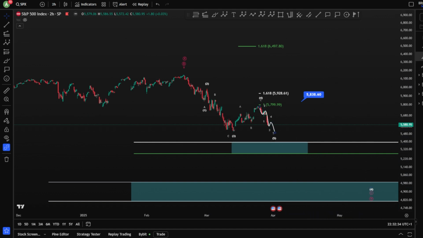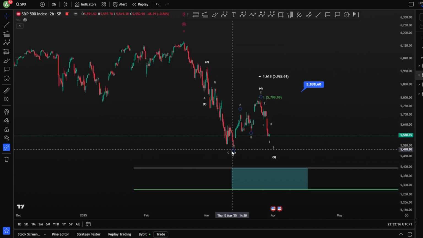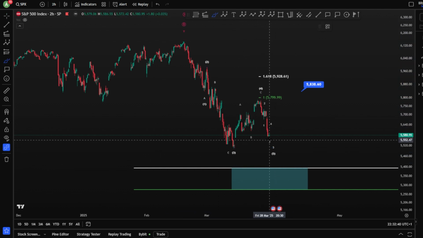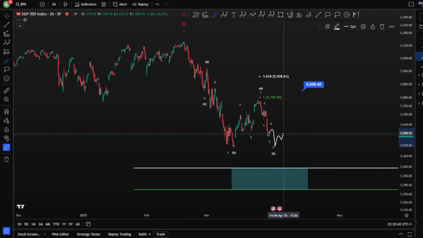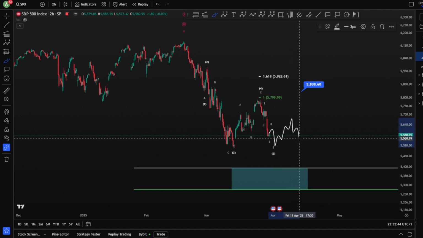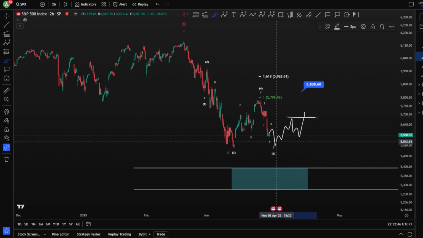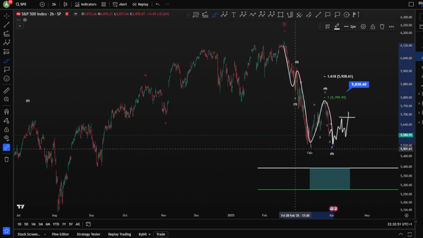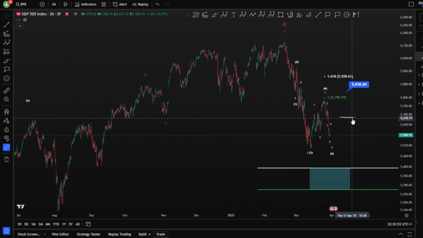Nobody knows, so let's keep it. In case we retrace from here and see a rebound towards the upside, impulsive, breaking the high again, we have to take it as 1, 2, 3, 4, and a 5 finished. So we have to keep it in mind.